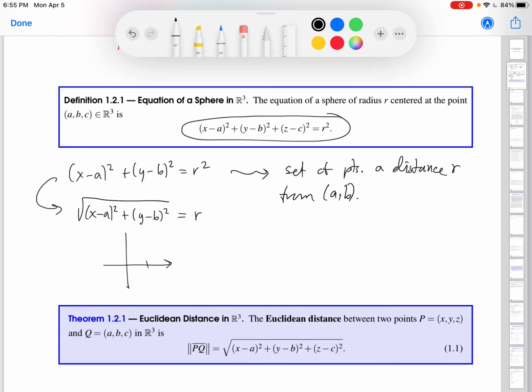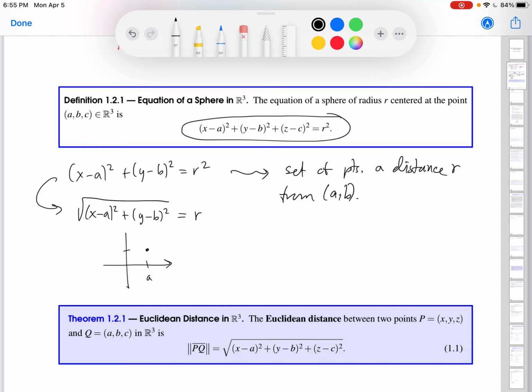If we go back to our a, b here, here's the point a, b, and let's say the radius is r, then you might squint and look at the left-hand side and think about the Pythagorean theorem. Why? Because if this is the point out here, which is x, y, which we're saying is on the circle, then if I extract what's going on here, I have this point here, which is a, b, and then I have this other point here, which is x, y.